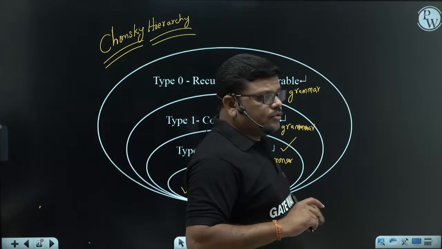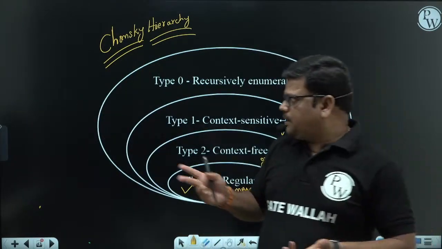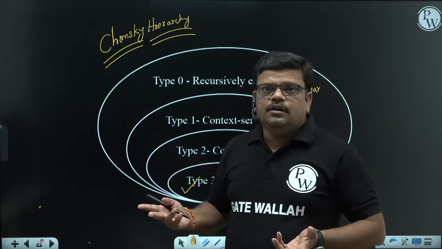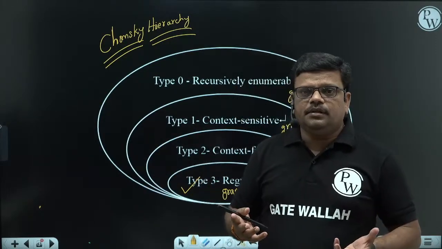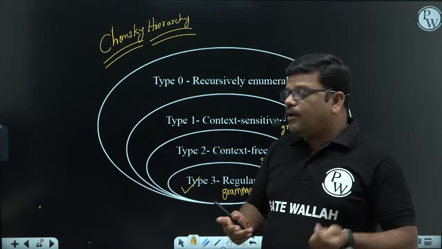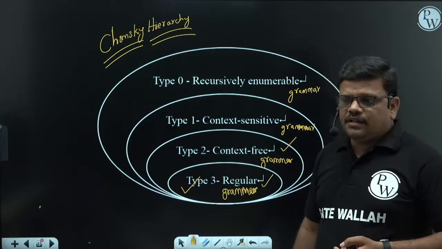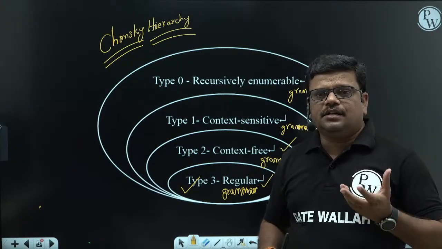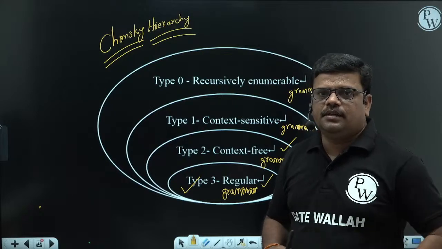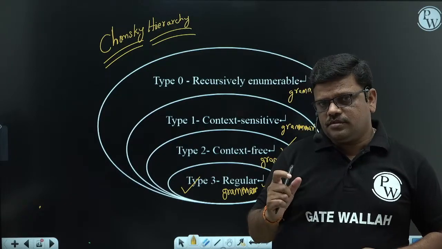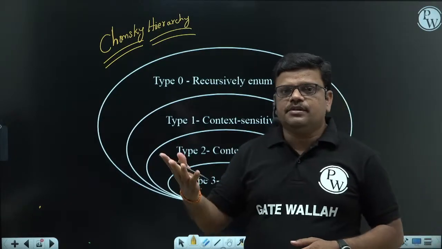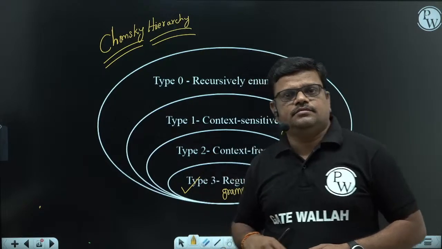So here also we are constructing grammars. Previously we constructed a grammar. After constructing a grammar, which category does your grammar fall under? After designing a grammar, I told you, to construct a compiler, first we have to design grammars.